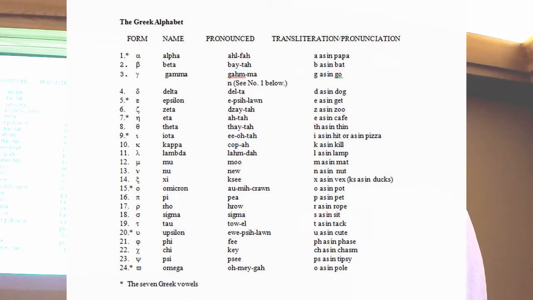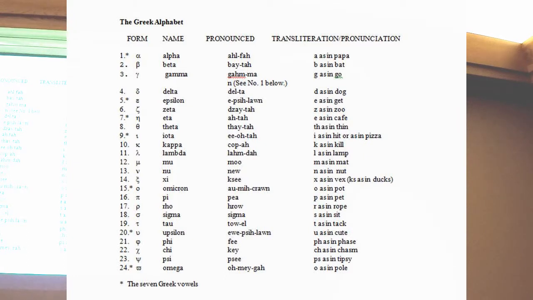But if you look at it, really when you say the word alpha, beta, it's like B as in bat, so it gives you each of the letters. We need to come back to gamma, because G as in go, but I'll show you this note in just a minute.